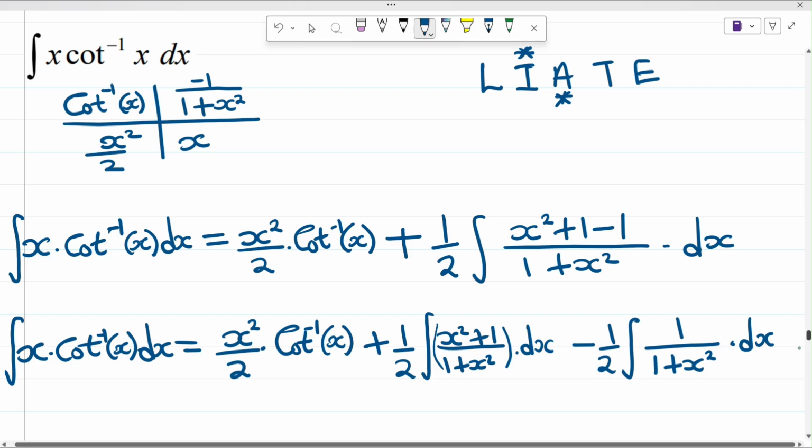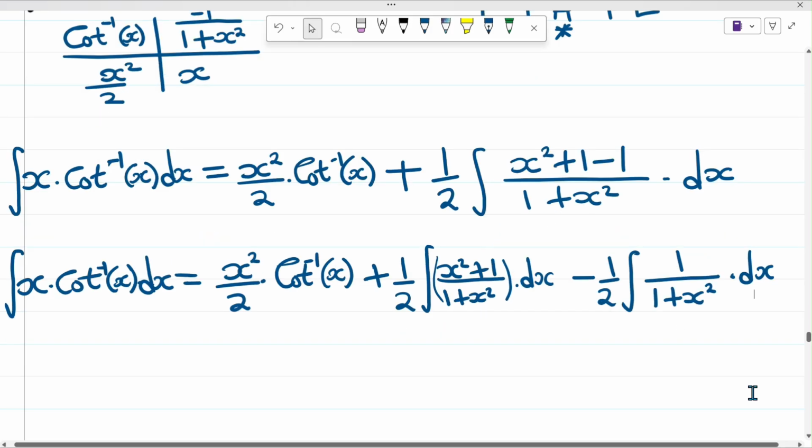So now the thing that we are supposed to do is just to integrate. So for this case, x squared plus 1 and x squared plus 1 will cancel each other, meaning that I'm just integrating 1 here. And then here is going to be tan inverse, because I can see that 1 is the derivative of x here.